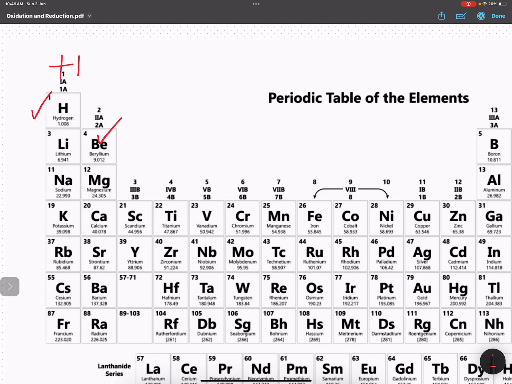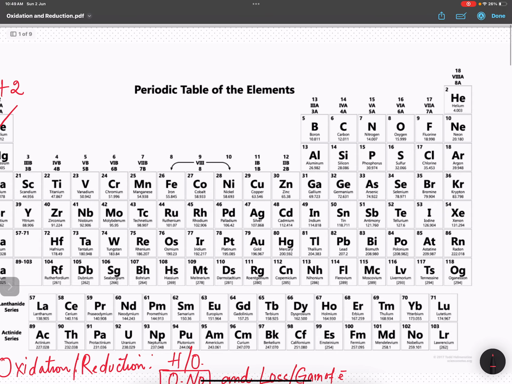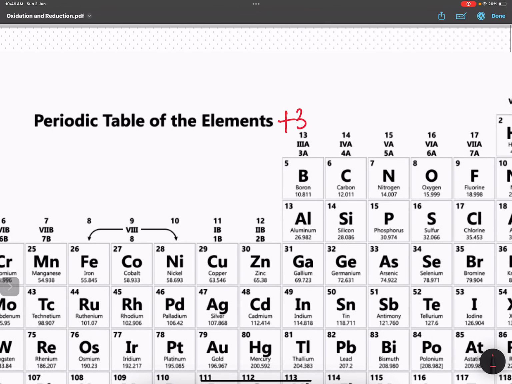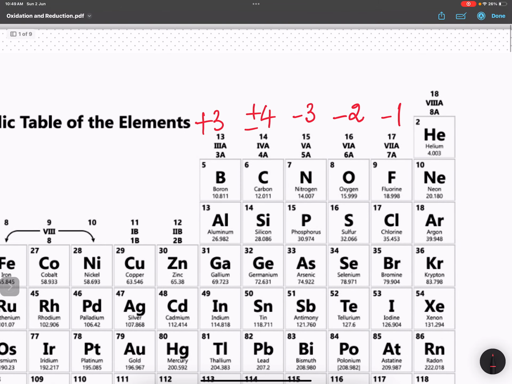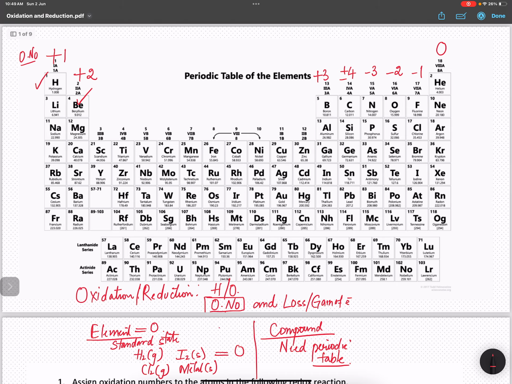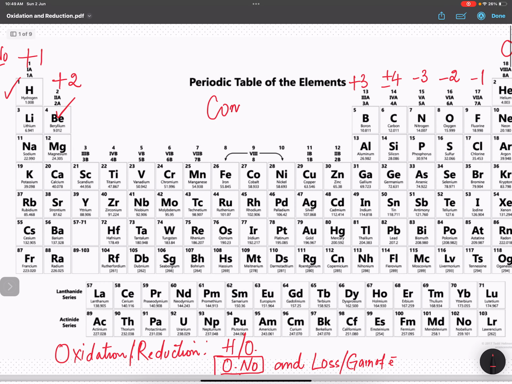Then group 2 is +2. Then come to group 13, +3, group 14 ±4, group 15 -3, group 16 -2, group 17 -1, and then 0. So whenever you have compounds and you have to find an oxidation number, you're going to use this.